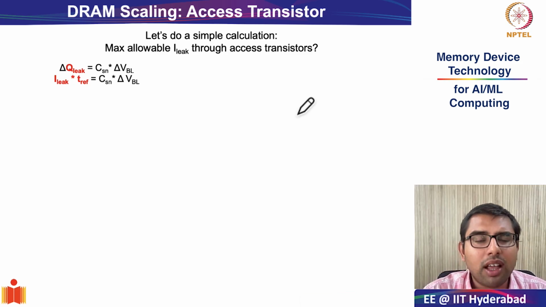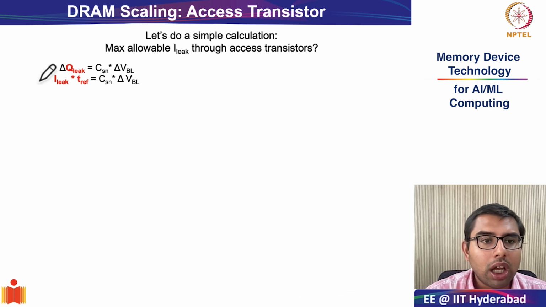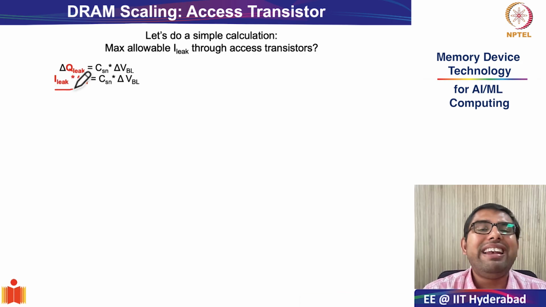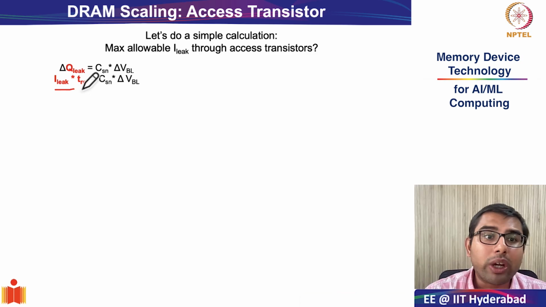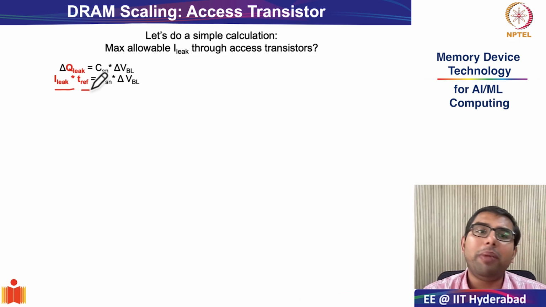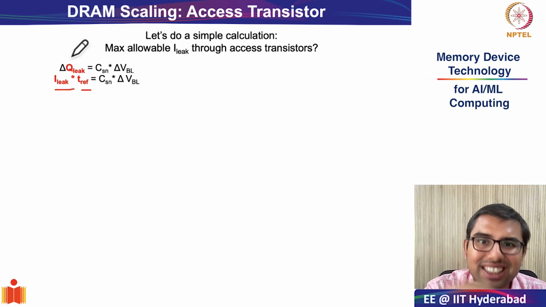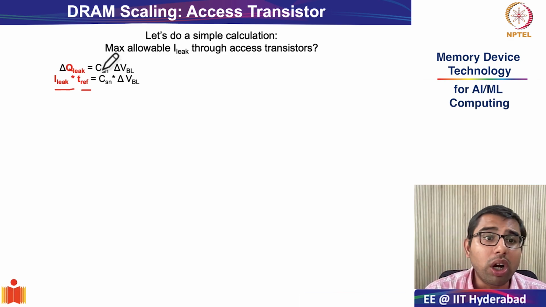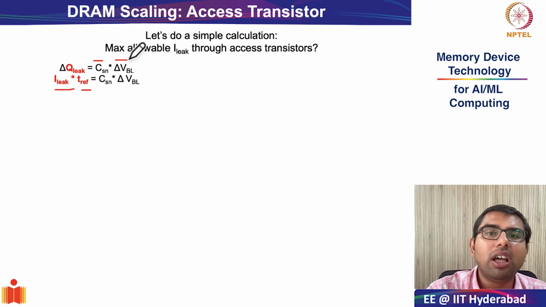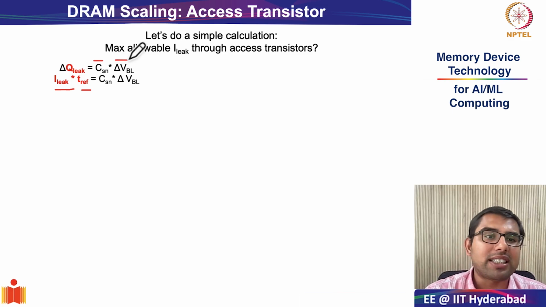To explain this, we will do a very simple calculation. What we are trying to see is the maximum allowable leakage current so that you can meet the specification of having a refresh cycle every 64 milliseconds. The logic is very simple: some charge is leaking out of the storage node, and that will be equal to CSN times delta VBL, as we have seen in the shared capacitor model.